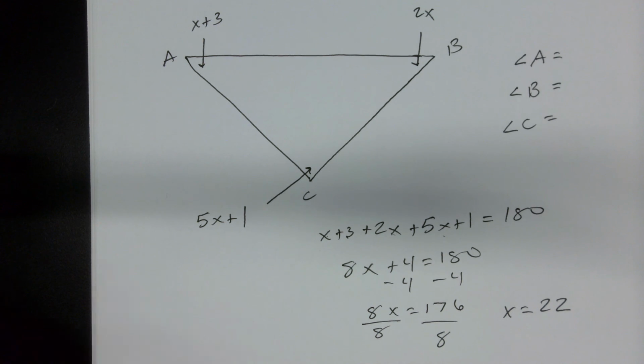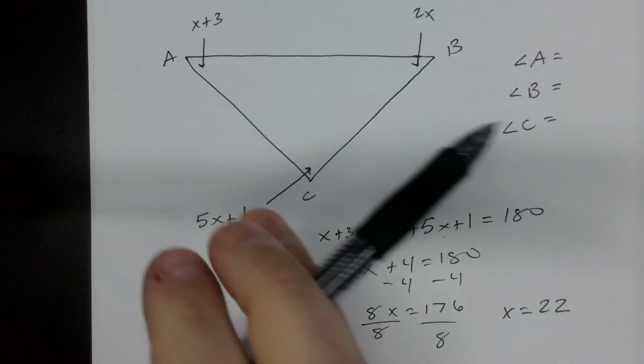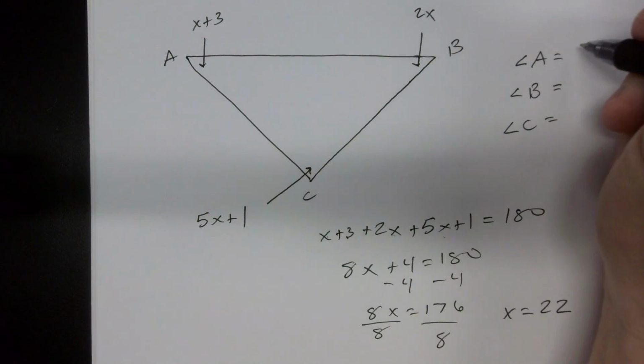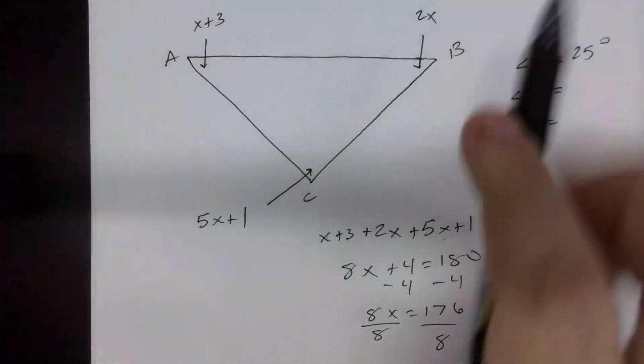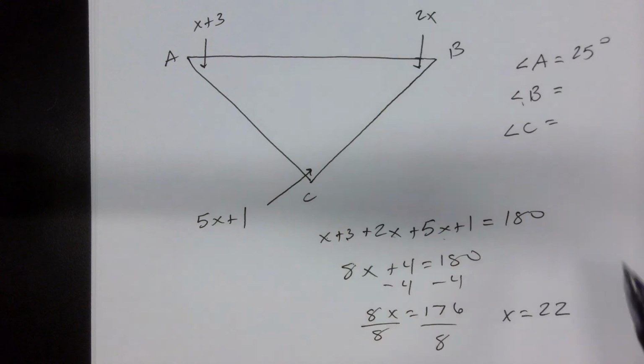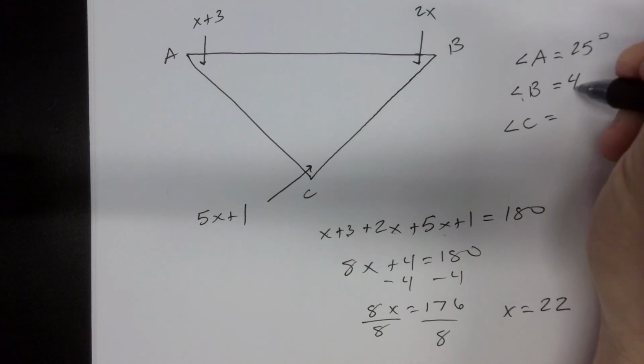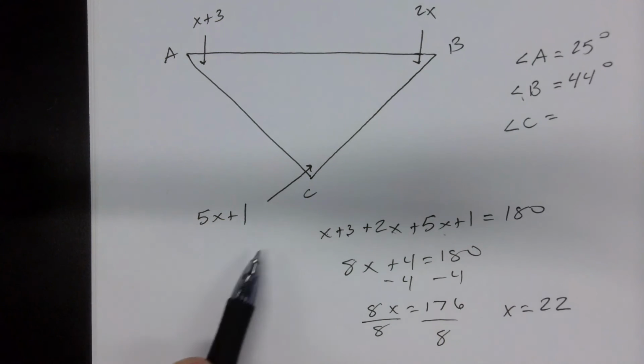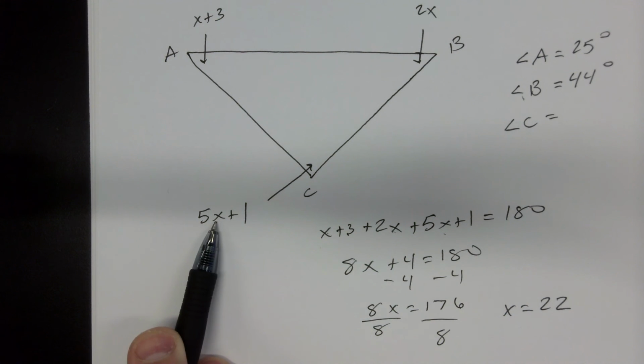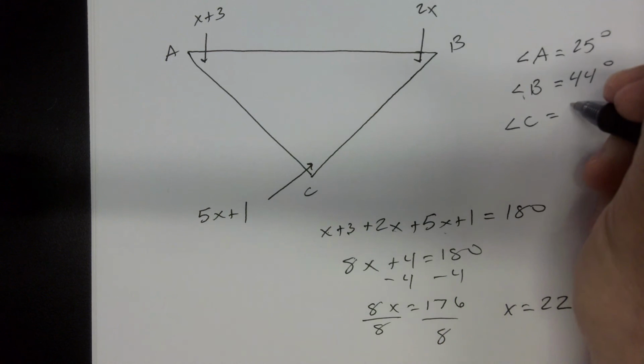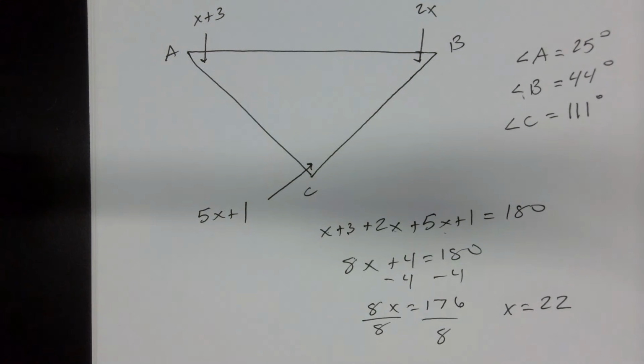Yep, plug 22 into each one. So angle A, we're going to go 22 plus 3, which is what? Angle B, we're going to go 2 times 22, which is 44. Angle C, we're going to go 5 times 22 plus 1, or 111 degrees, I believe.